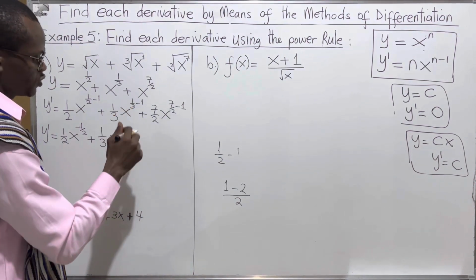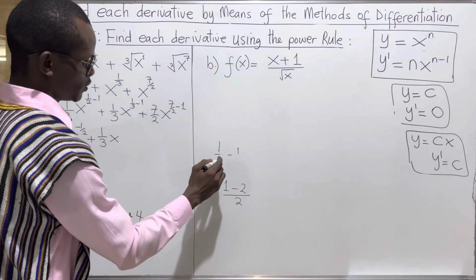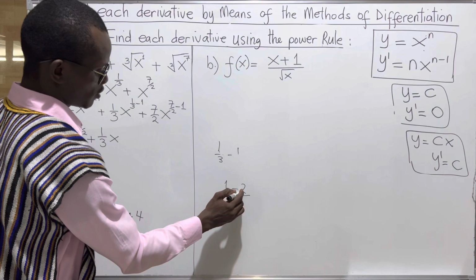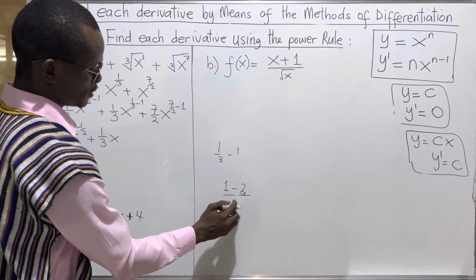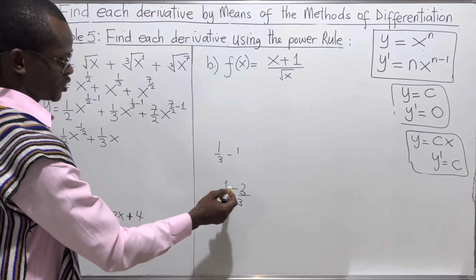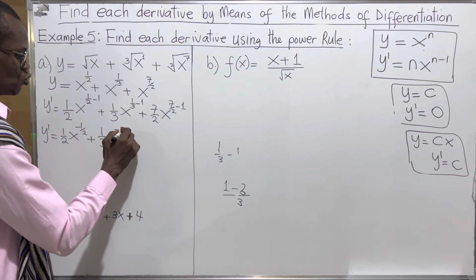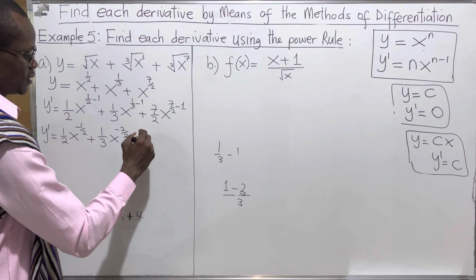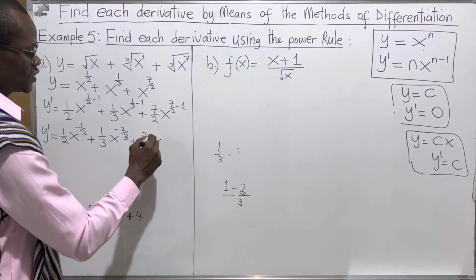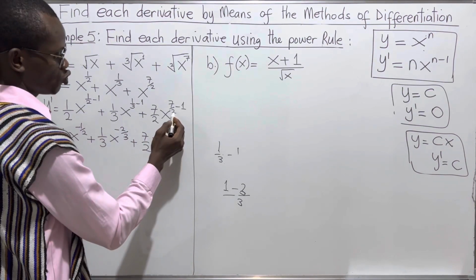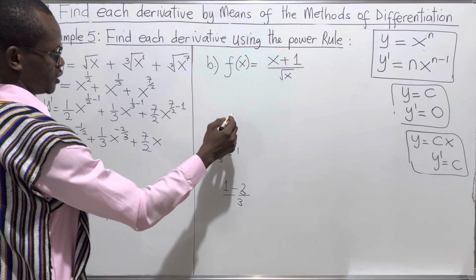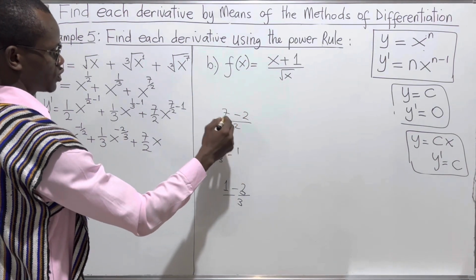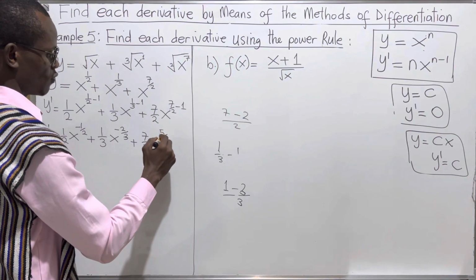It's the same thing we did: 3 times 1 is 3, then divided by the denominator 3, so 1 minus 3 is minus 2 over 3. Then plus 7 over 2 x raised to the power 7 over 2 minus 1, so 2 times 1 is 2, and 7 minus 2 over 2 is 5 over 2.